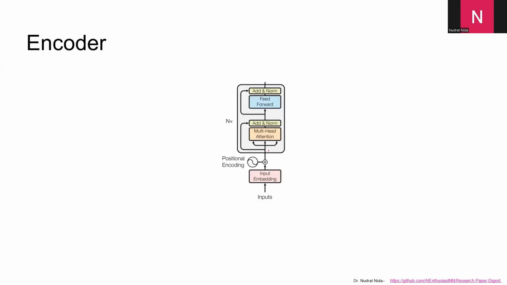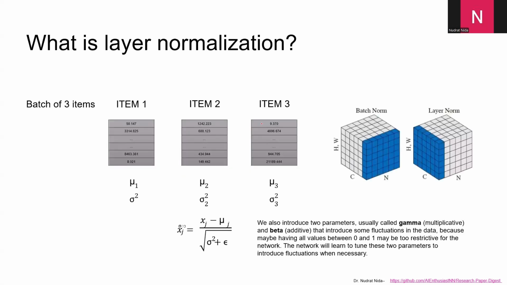We pass the query, key, and value of our training set, and it goes to multi-head attention. It will normalize it and then pass it to the feed forward layer to add some non-linearity.